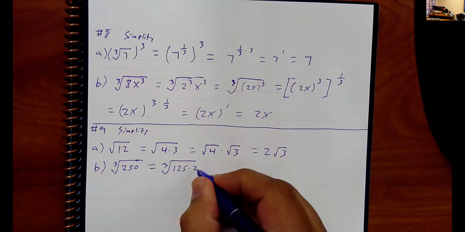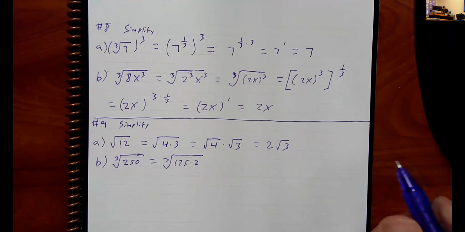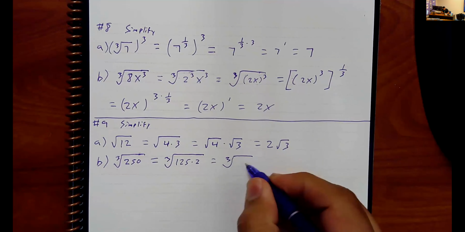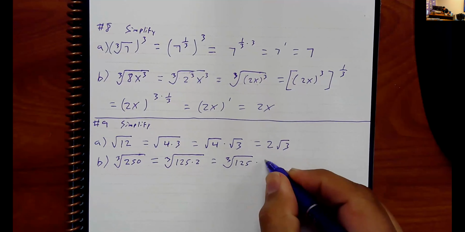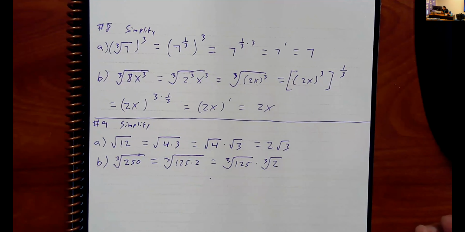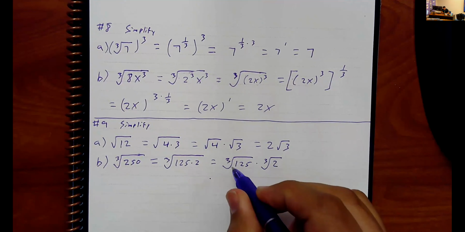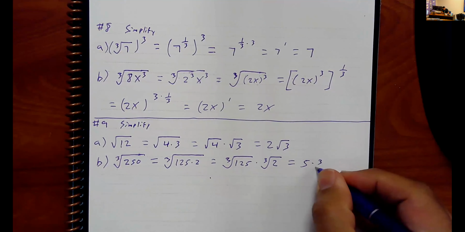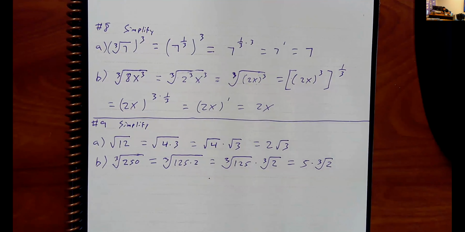125 times 2 is 250, correct? Separate this. So cube root of 125 is 5 times cube root of 2. Any questions on how we did that?